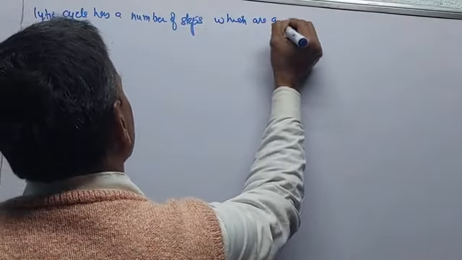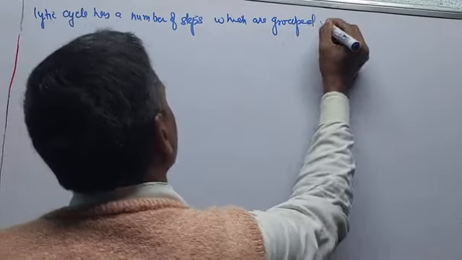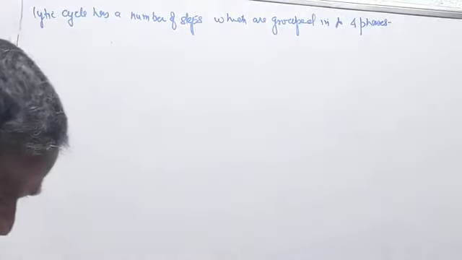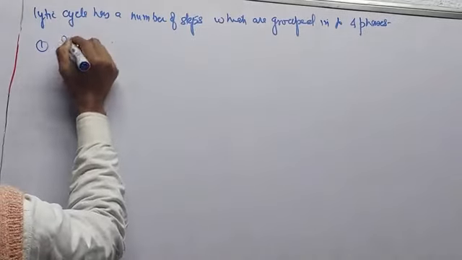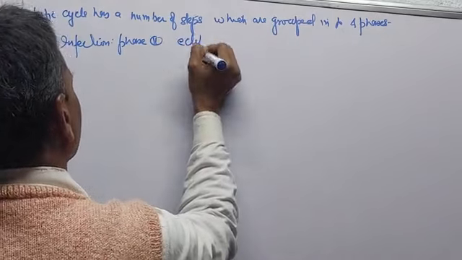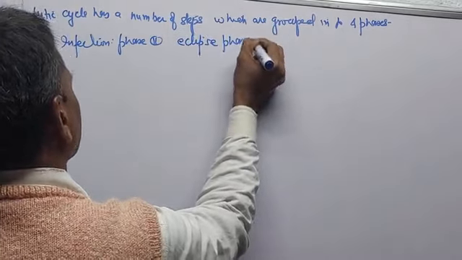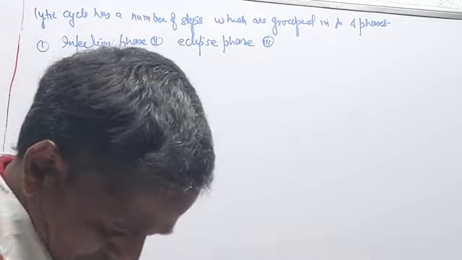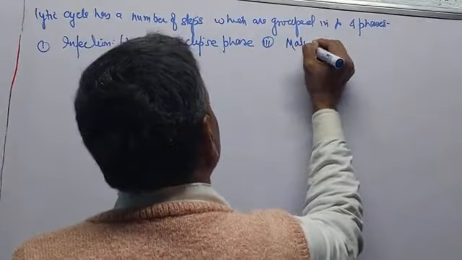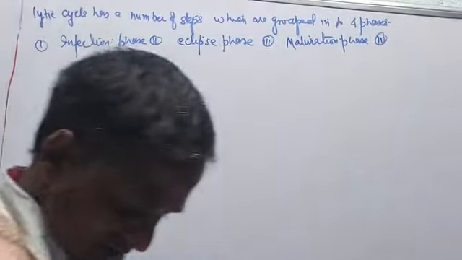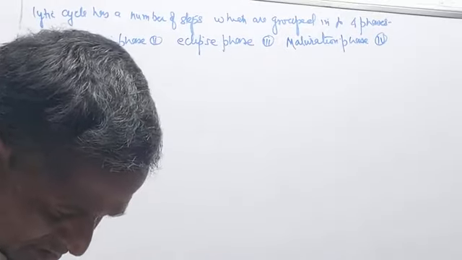These phases are: infection phase, second one is eclipse phase, third one is maturation phase, and fourth is liberation phase.